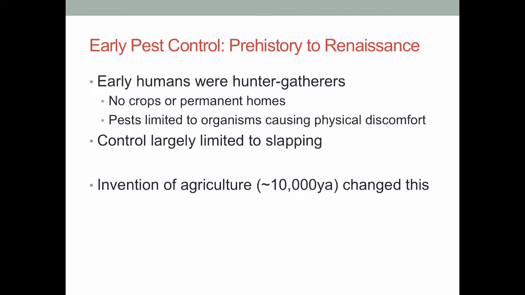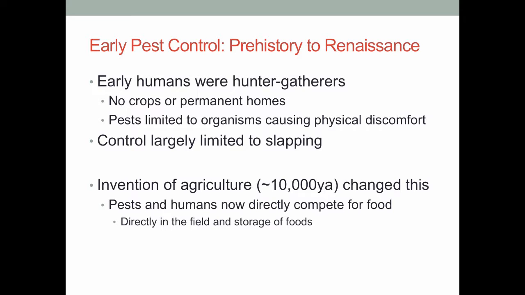Now, where this shifted primarily was with the invention of agriculture, which was roughly 10,000 years ago. If I say YA on the screen, that just means years ago. So we're talking about 8,000 before Common Era. With agriculture, we saw pests coming into direct competition with humans for food.